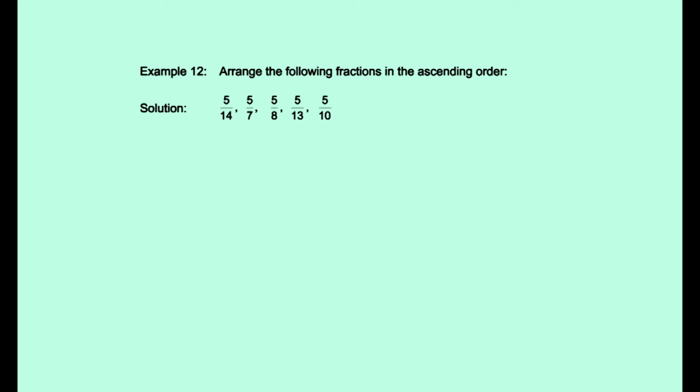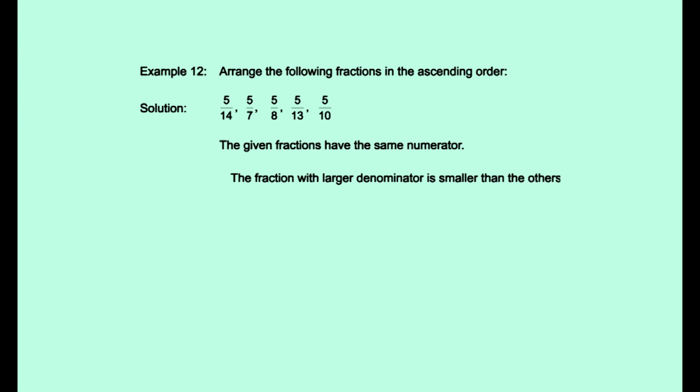Example 12. Arrange the following fractions in the ascending order. Solution. 5/14, 5/7, 5/8, 5/13, 5/10. The given fractions have the same numerator. The fraction with larger denominator is smaller than the others.